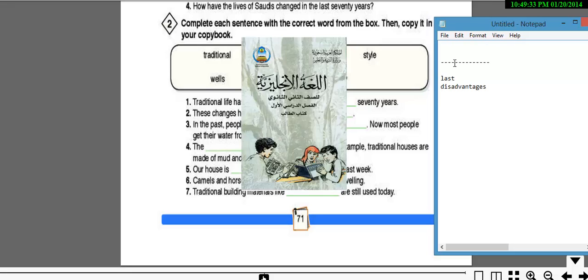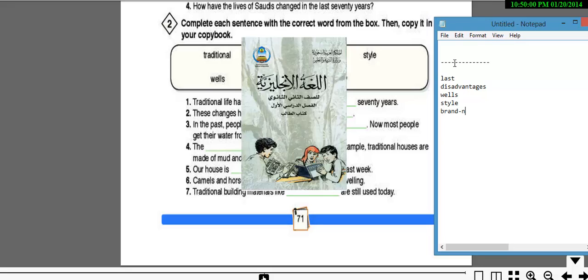Advantages and disadvantages. Now, in the past, people had to fetch water from wells. The style of houses has changed. For example, traditional houses were made of mud and other substances. Our house is brand new, they only finished it last week.